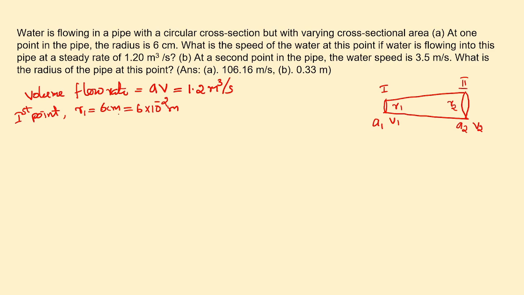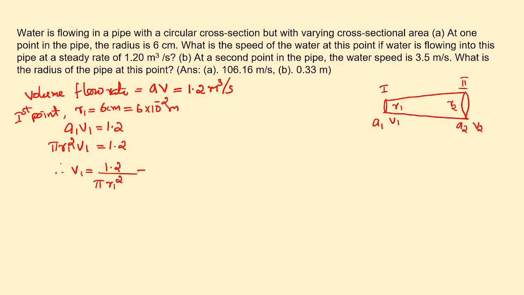Let us substitute in the above equation, A1 V1 is equal to 1.2. What is A1? A1 is the area of cross-section at point 1, so pi r1 square V1 is equal to 1.2. Therefore, V1 is equal to 1.2 divided by pi r1 square.